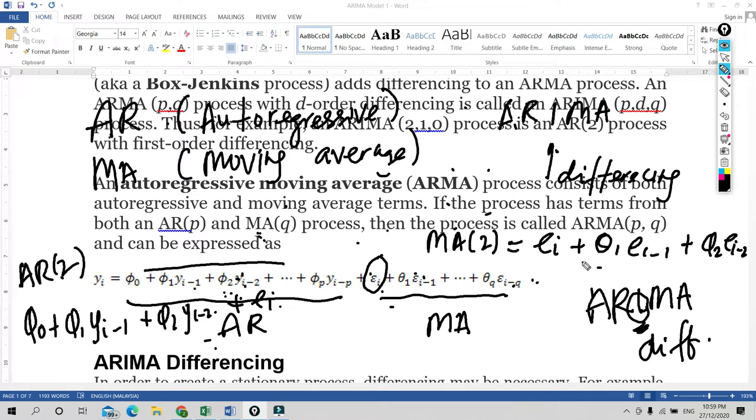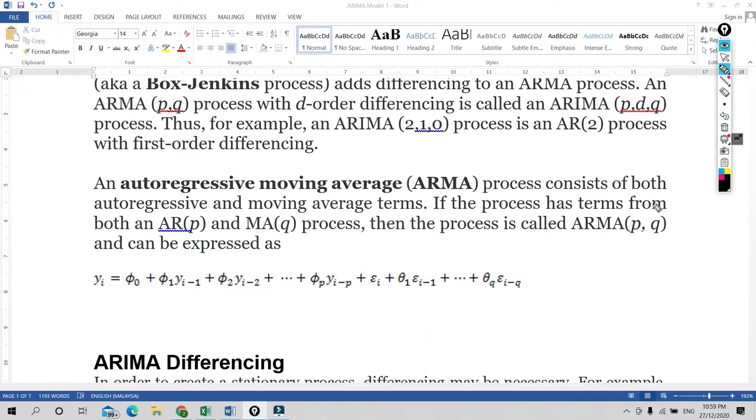If you combine them together, let's say I want to write ARMA(2,2), where p is equal to 2 and q is equal to 2.